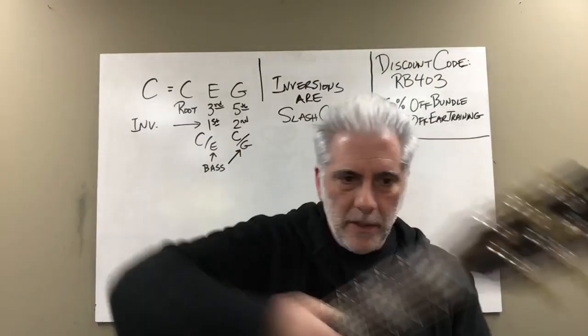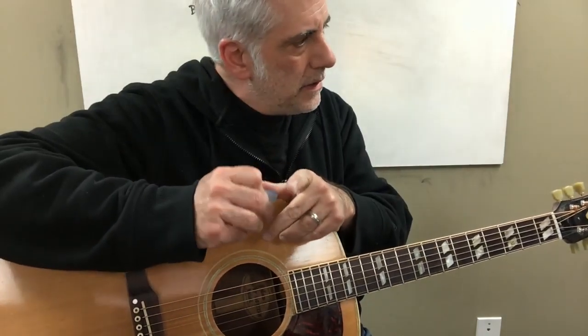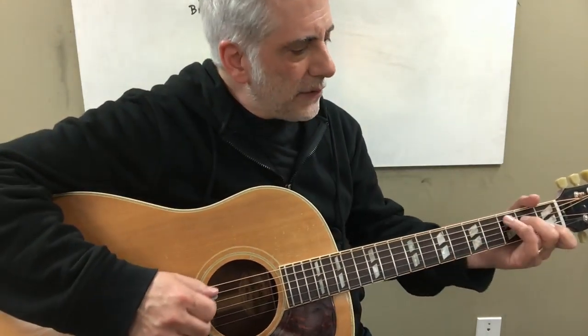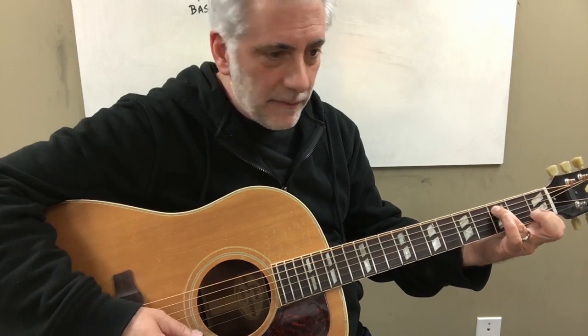Typically, you use triads over bass notes to make your bass lines more interesting and have better voice leading, okay? So you've got C major. This would be C over E, could be this, right? So I've got E in the bass.